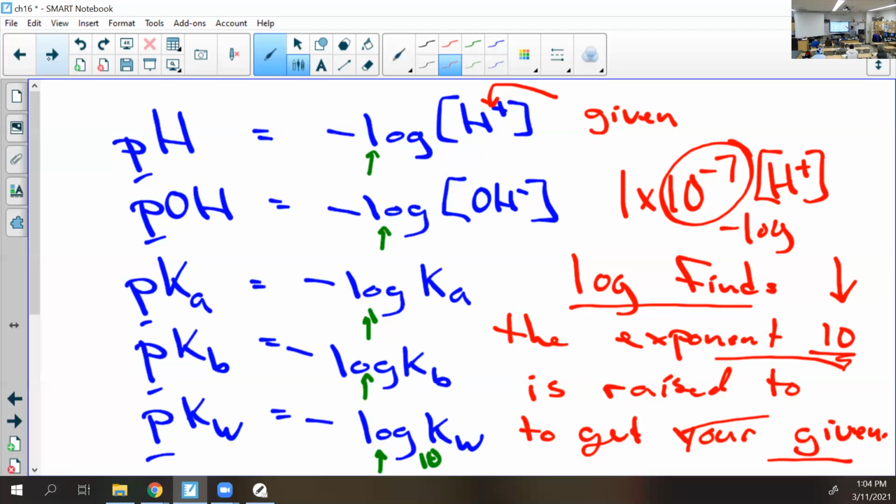But that's a negative of negative 7. So this would be a positive 7. The exponent is always negative, and I have a negative log here. So this would be the pH. And pHs are always equal to positive values.